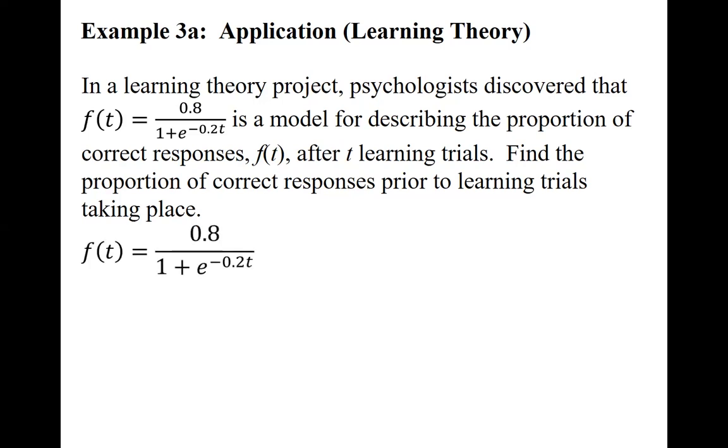So we have our model. Prior to learning trials taking place, there would be 0 trials. So t would be 0. We're plugging 0 into this function.